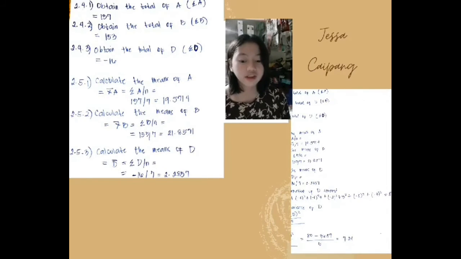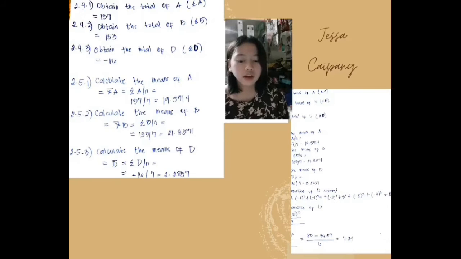So 137 divided by 7 is equal to 19.5714. And then calculate the mean of B. The total of B is 153 divided by 7 students, which is equal to 21.8571.